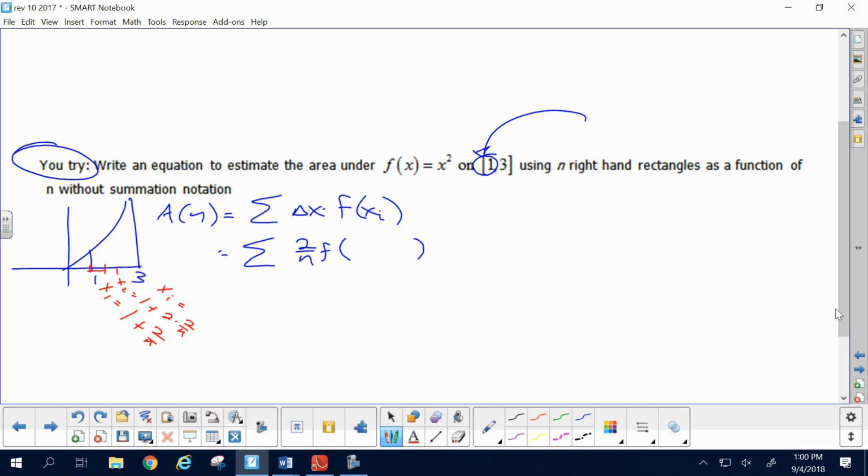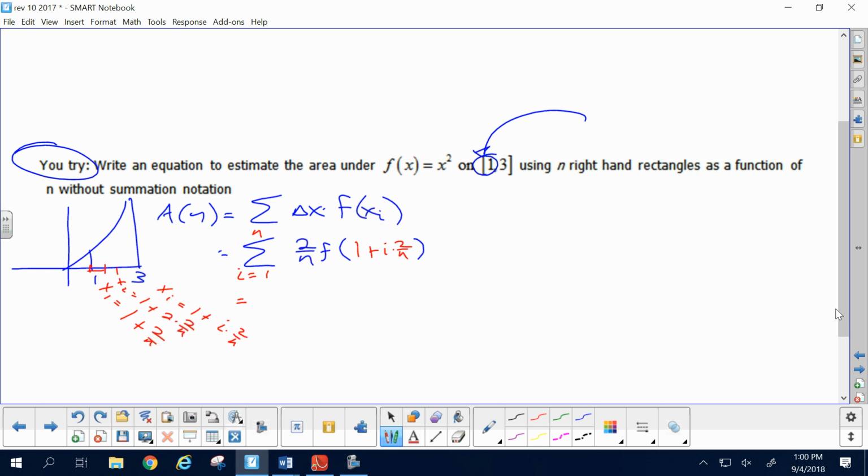X at any point where I'm going to draw my height is 1 plus some number i delta x's over, right? Now that's going to make my life harder because that's a big ugly thing going into the function. Instead of just a delta x, it's a plus delta x. That makes things gross. But it is what it is.